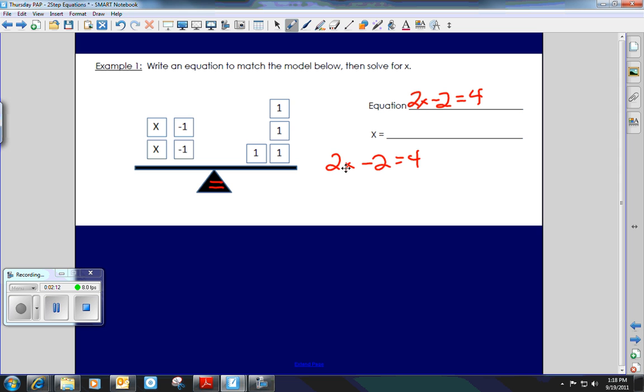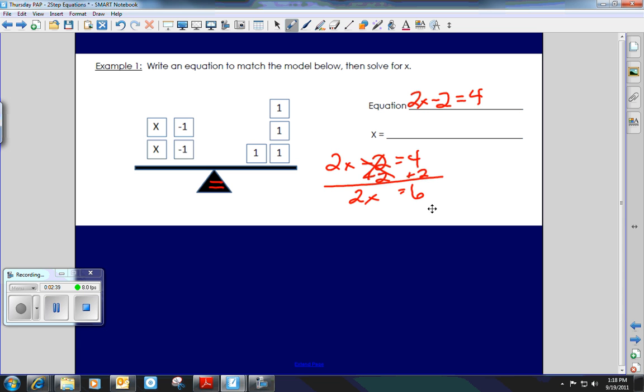So when I look at this, I see that I have 2 times x, and then I have subtracting 2 from that. So the first thing I have to do is get rid of this subtracting 2 by adding 2, or putting a positive 2 on both sides. So the first thing I have done is made this 0. Now I have 2x left on this side, and 4 plus 2 is 6 on that side.